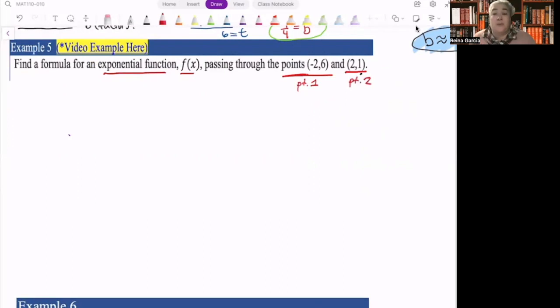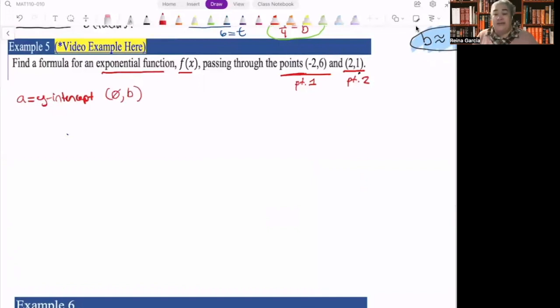Clearly, just by looking at the points, we know that no A has been given to us because A, as you know, is our y-intercept and would have to be in the form of some 0 value of the input to some Y value of the output, so that since neither of our points is in this form, we know that we have no A. So we are not given an A. We are also not given B. We don't know what our factor is.